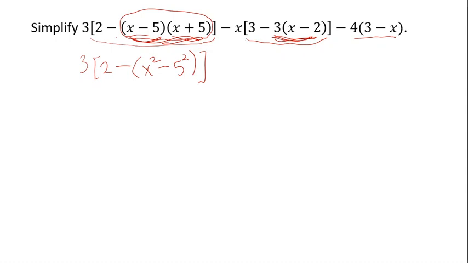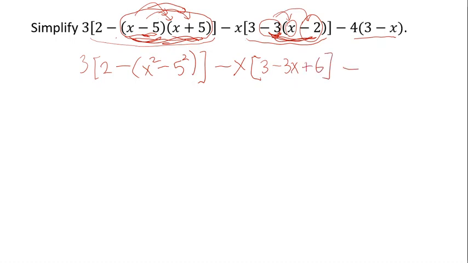So you can also do this, anyway. It will be from the special product. Also, you get x squared minus 5 squared, and then minus x times. If you have just one number, a monomial times a binomial, you can do this. You can start with negative 3 times x, negative 3x, and then plus 6.